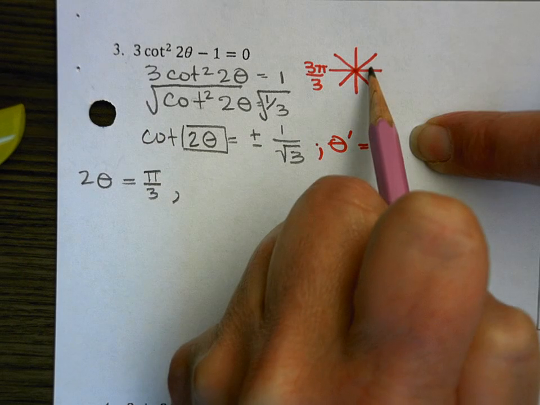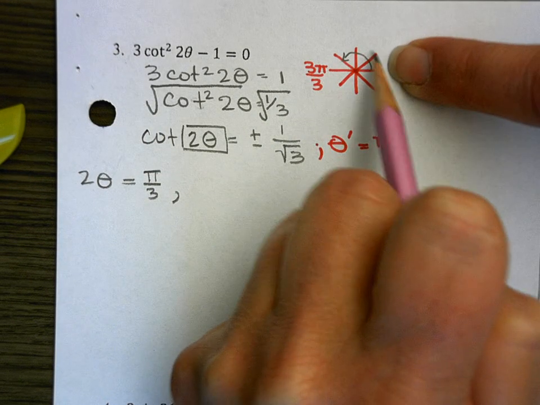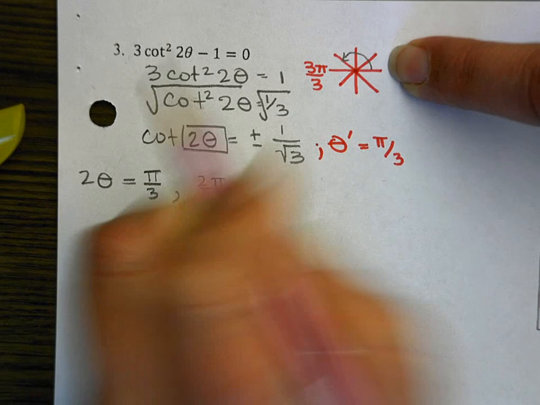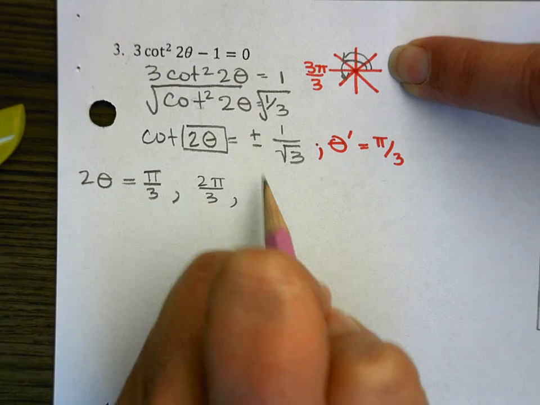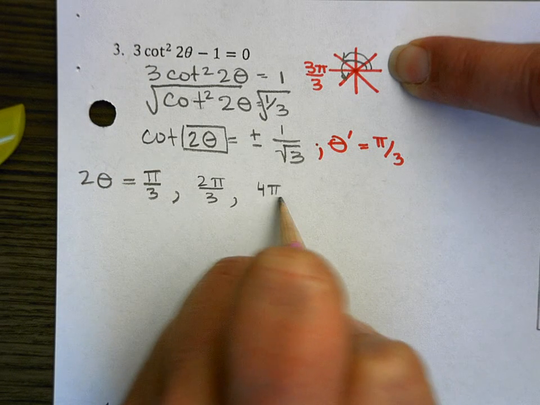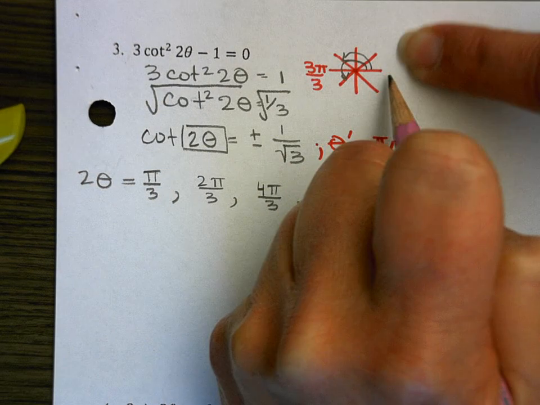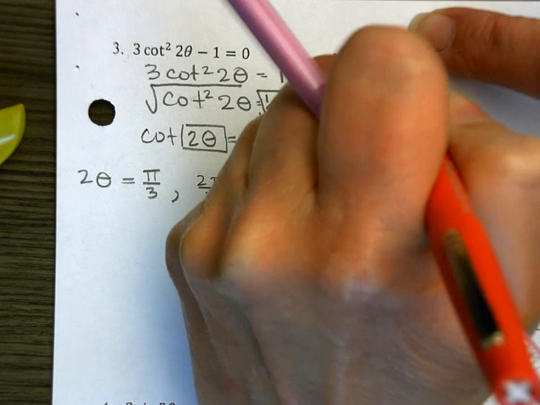Then when I rotate to quadrant 2, I don't make it to 3 pi over 3, so it's going to fall 1 short of that, so that would be 2 pi over 3. And then when I rotate to quadrant 3, I'm going past 3 pi over 3 by 1, right? And then 3 pi over 3 doubled, so 2 pi would be 6 pi over 3.